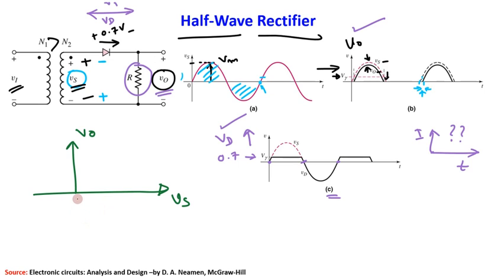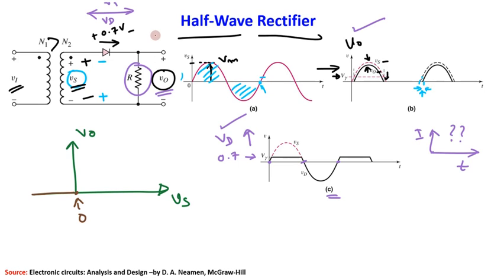So this is where Vs is 0. So when Vs is below 0, that means when it is reverse, when the polarity is this one, in the negative direction, then what will be the value of V naught? You know that. So V naught is basically 0. Then we can say it will be like this, isn't it?